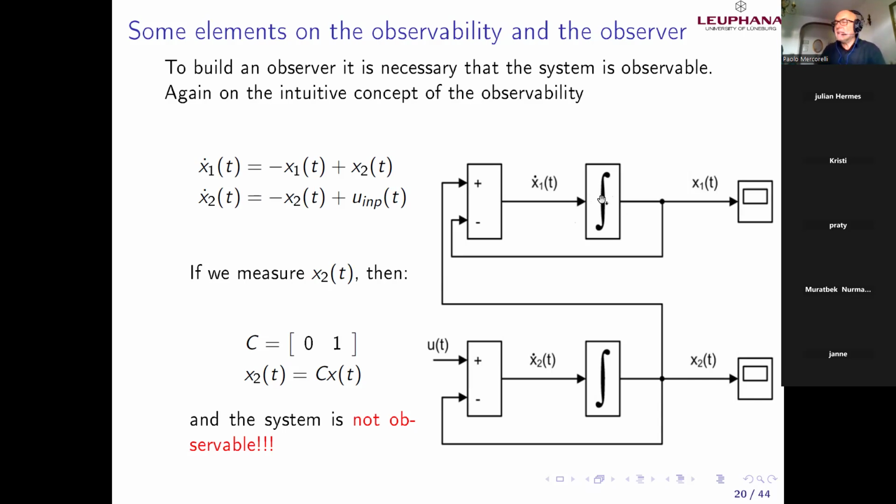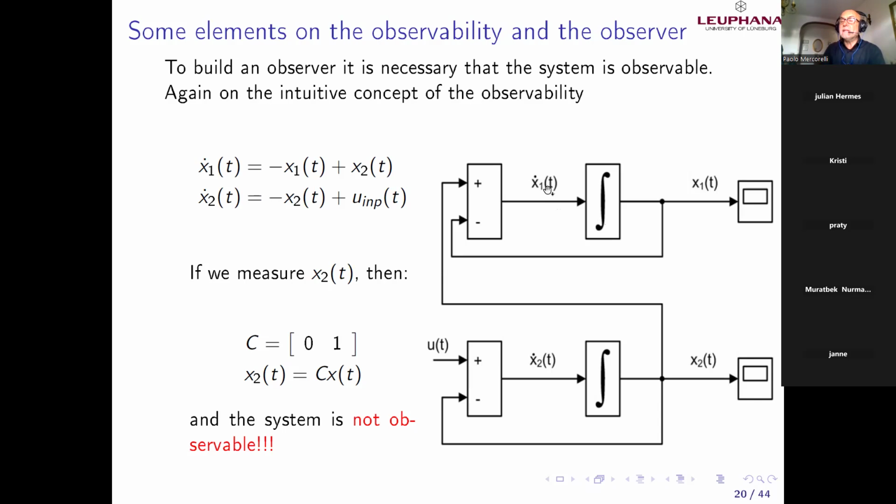Here the initial condition is not indicated because this scheme reflects in this form exactly what we do in Simulink, in which the initial condition is inside the block. We have to click on the block. I will clarify, I hope today or not later than next time, when I show you an implementation of a Luenberger observer.